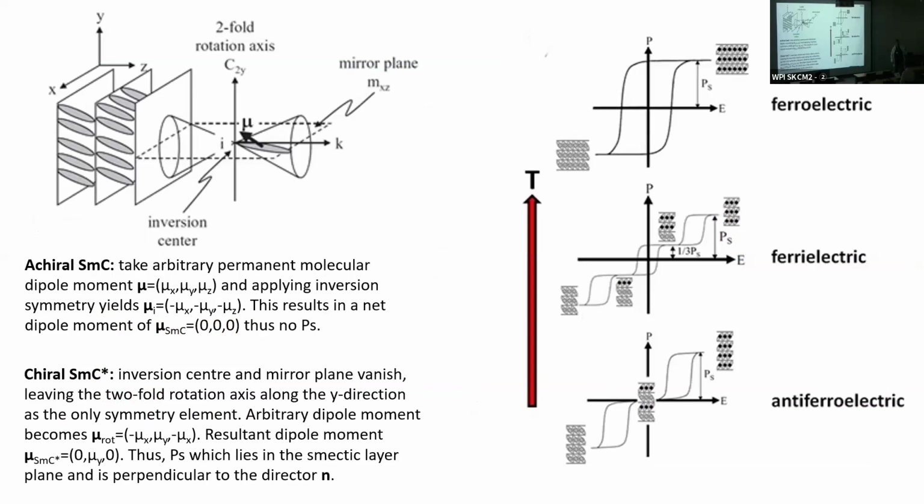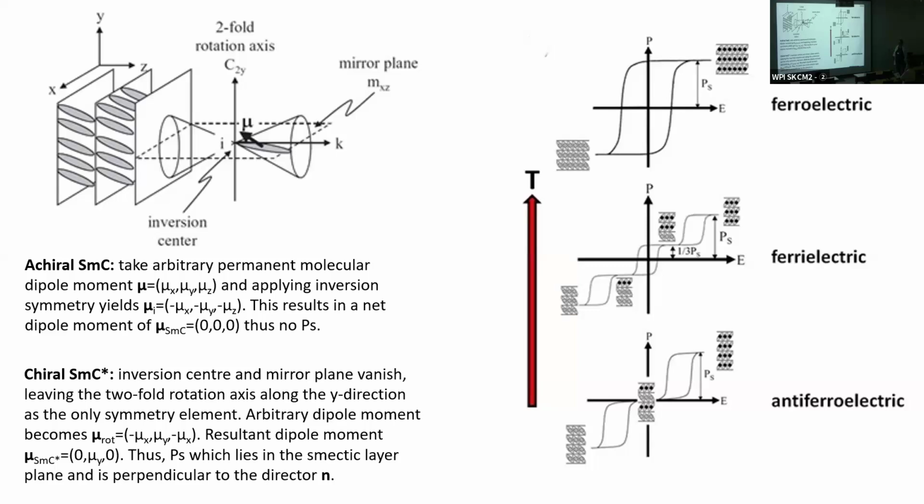Okay, this is where your question comes in. Right, so if you have an achiral smectic C phase and an arbitrary dipole moment, then you have an inversion center here, you have a mirror plane, the XZ plane, and you have a twofold rotation axis in the Y direction.